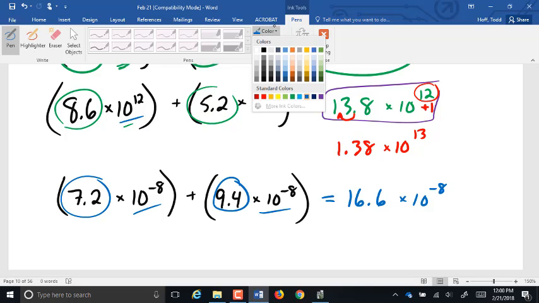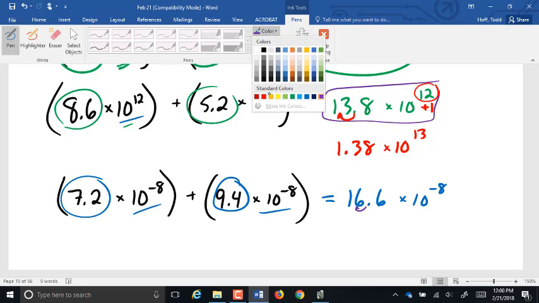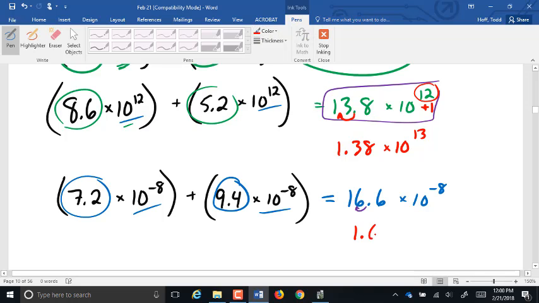Now once again, there's more than one digit in front of the decimal point here, so we're going to have to move that over. So that's going to give us 1.66. Now that number got smaller again. That means our power of 10 has to get larger. Negative 8 plus 1 is negative 7. Be careful. A lot of people will try to put negative 9 on there. But when the negative numbers, adding 1, we're getting closer to 0.